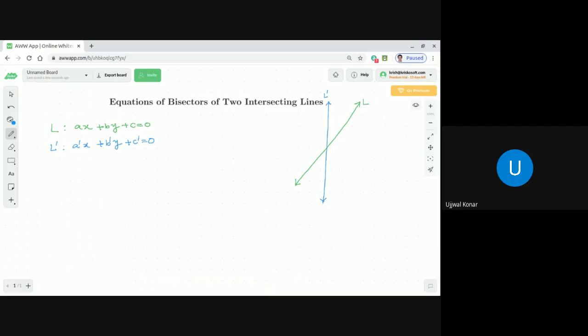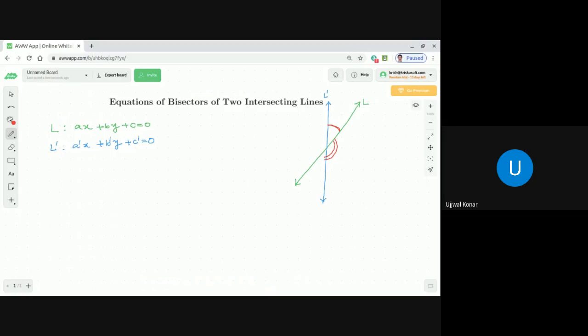Now if we look into it, there are two bisectors of these straight lines. We see this is one bisector and another bisector is this one. One is the acute angle bisector, and one is the obtuse angle bisector. So in today's session, first we will look into how to find the equations of these two bisectors.